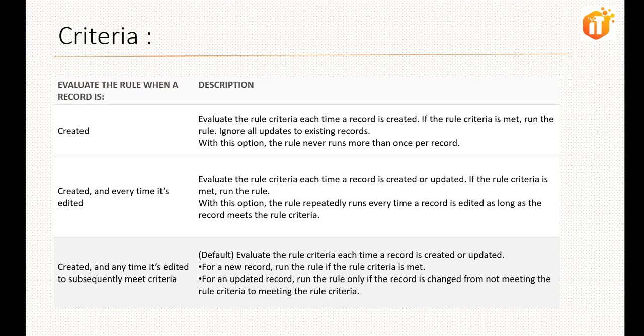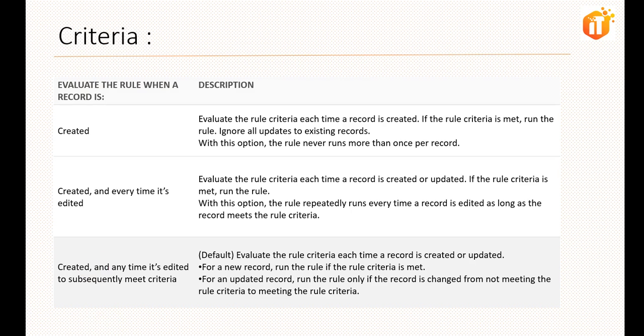No, right? Because the criteria is just for a create scenario. With this option, the rule never runs more than once per record because every record is created only once, right?